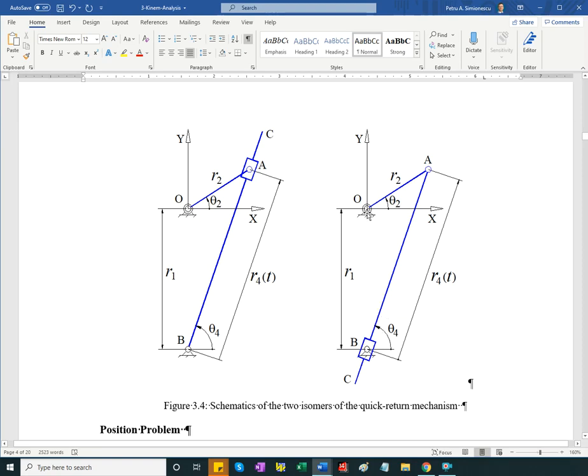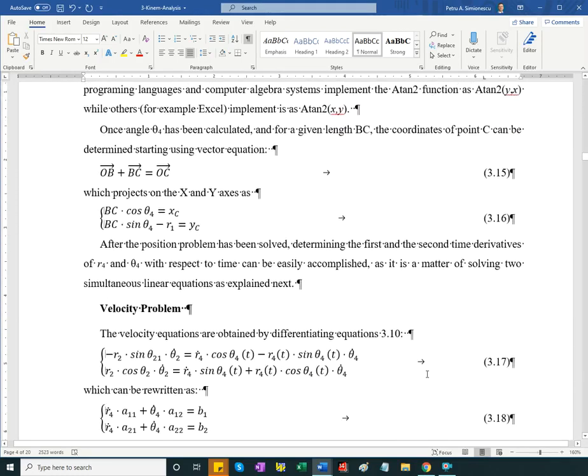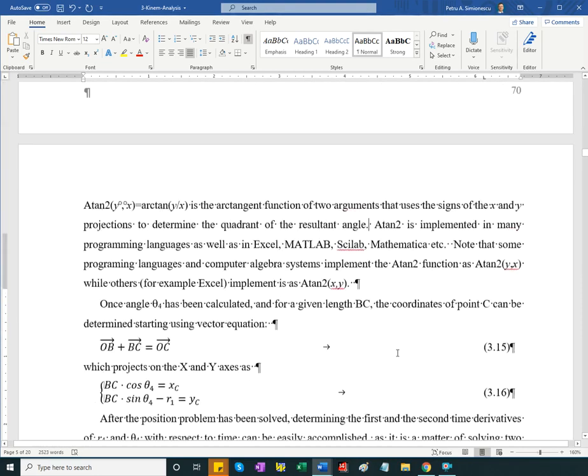It would be OAC, and we'll need to restate: OC equals OA plus AC, and make use of an adjusted angle theta 4. But the way I have it developed is for this version, I think. So OB plus BC equals OC.